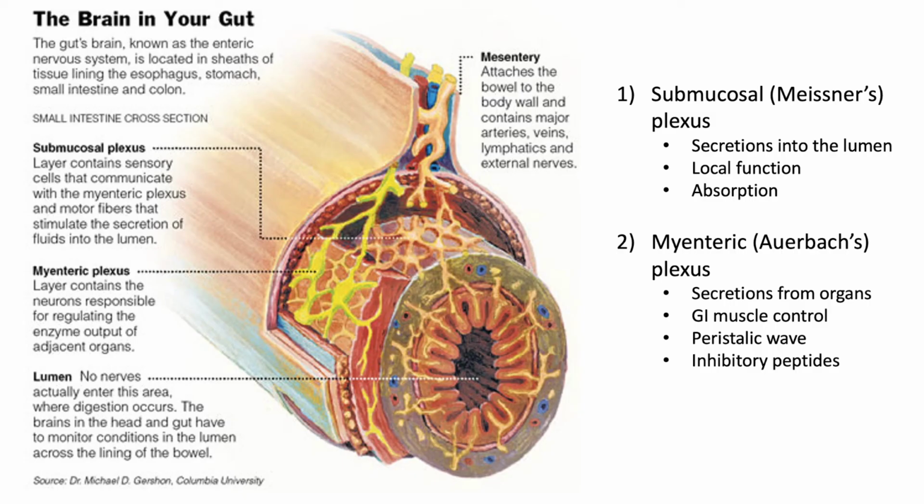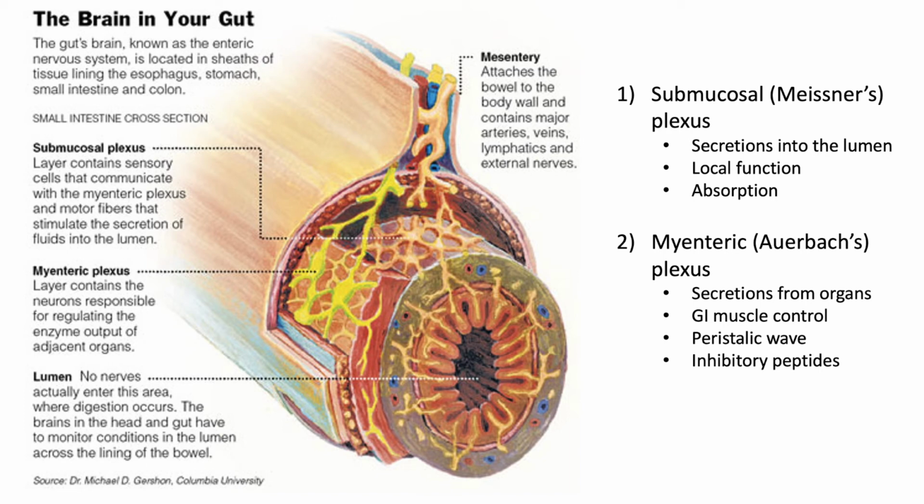Parasympathetic neurons can be found in both the submucosal plexus, also called Meissner's plexus, and the enteric, or Auerbach's, plexus. Together, they form a functional unit for the integration of electrical activity at multiple locations.